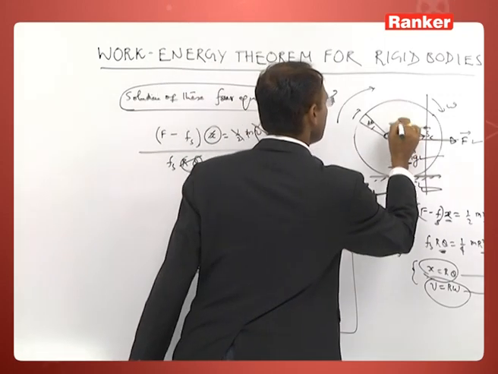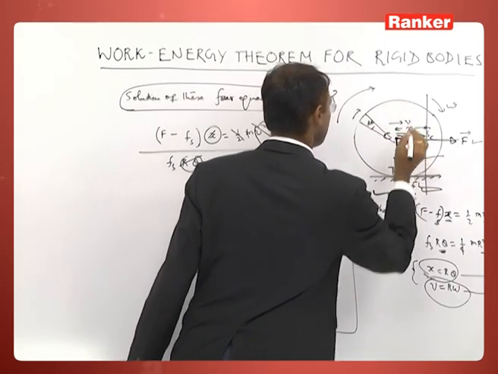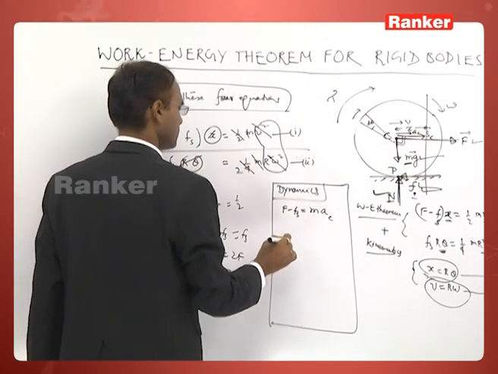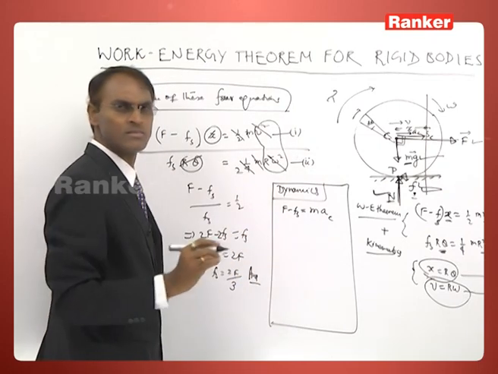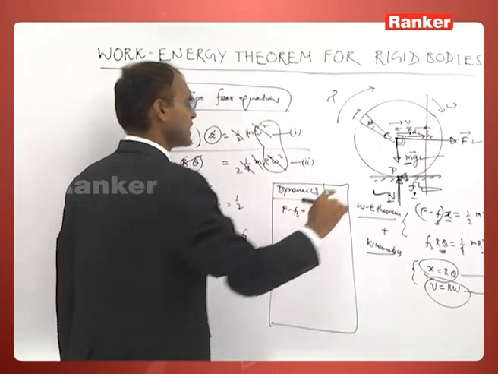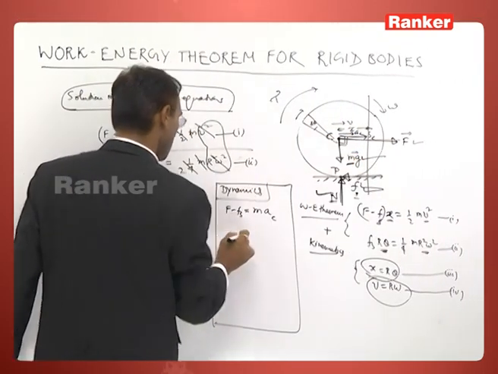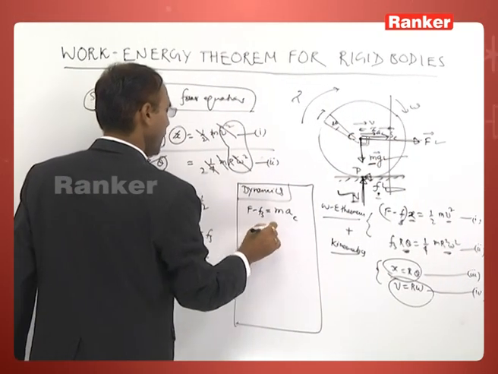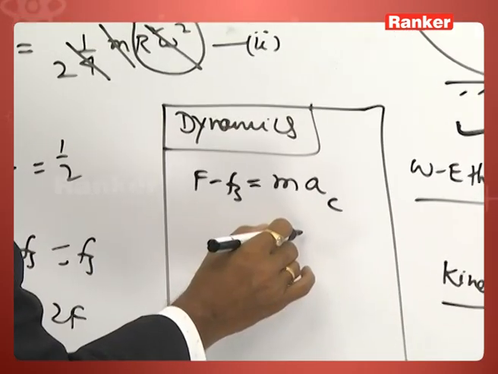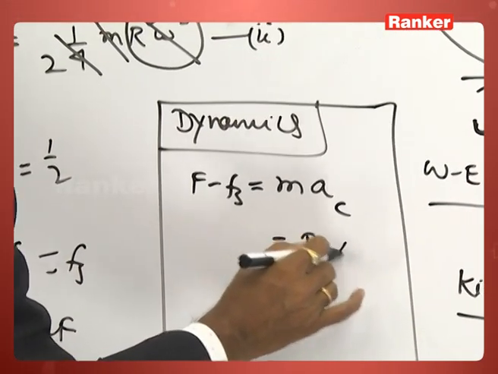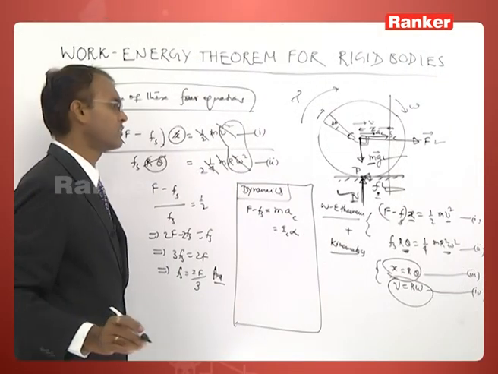Let us assume that the center of mass has acceleration AC. This is the force equation. Then you write the torque equation, taking the torque of all forces about the center of mass, and equate the torque with IC into alpha.